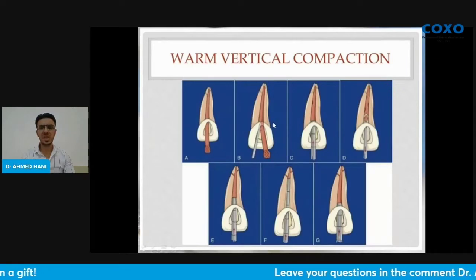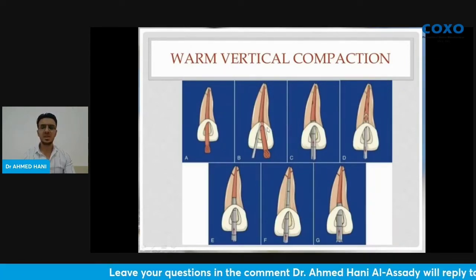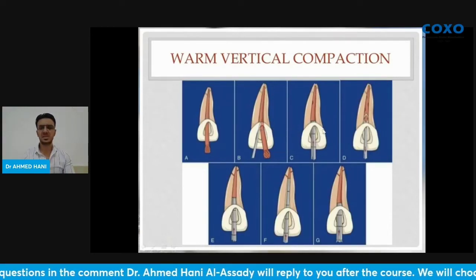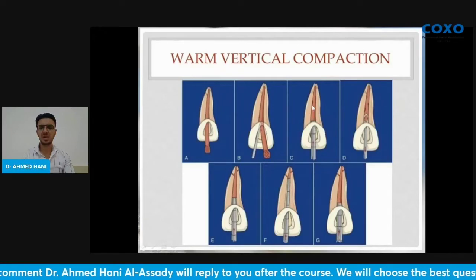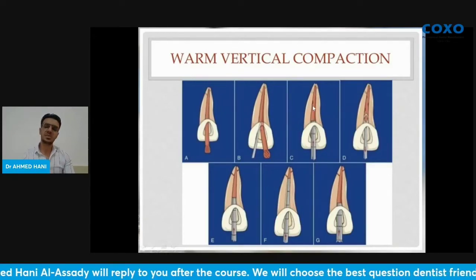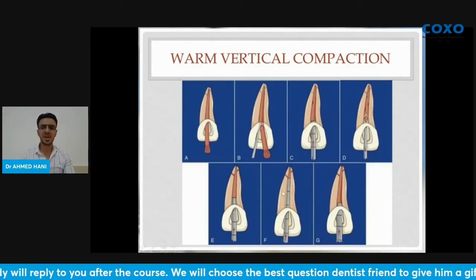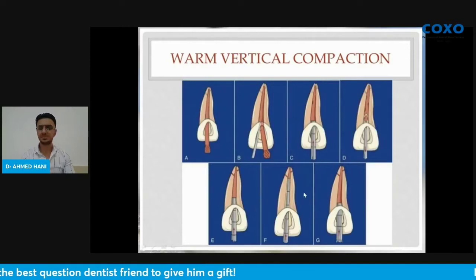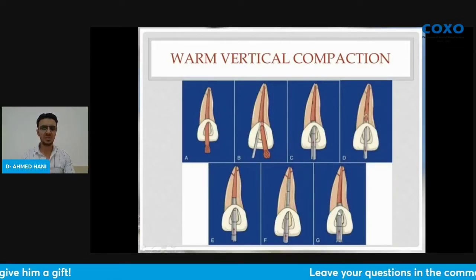Here use a zinc oxide eugenol sealer or any resin-based sealer. Then with a pin, we cut at the orifice level, then down-pack 3 to 5 millimeters from the working length and pack it with a metal plugger. Then we can backfill the remaining spaces with a backfill device which injects molten gutta-percha.